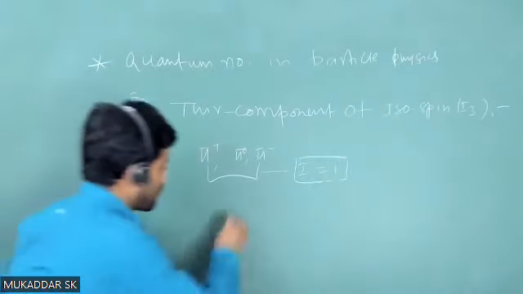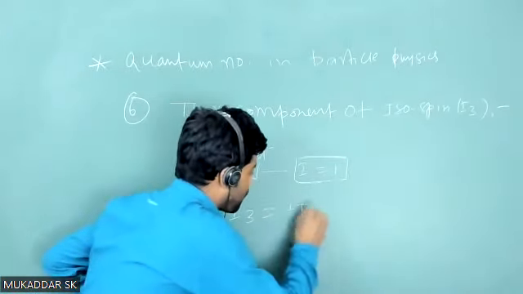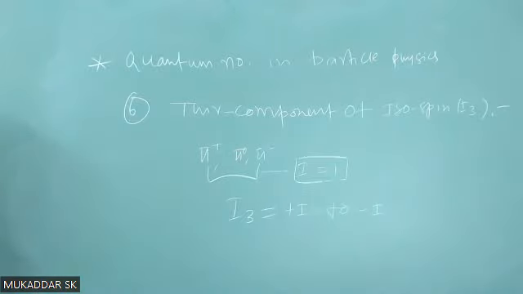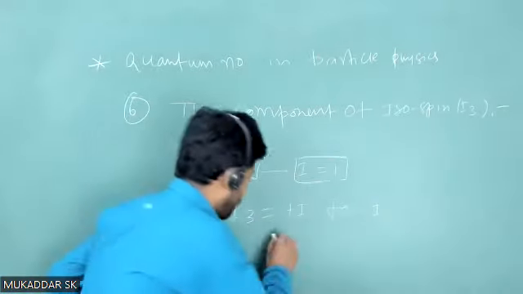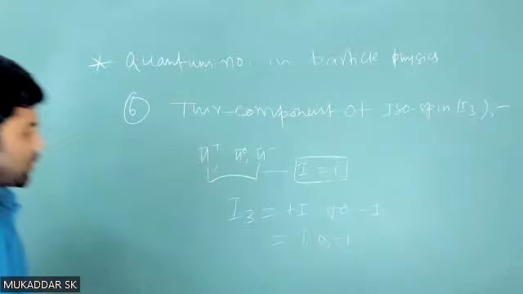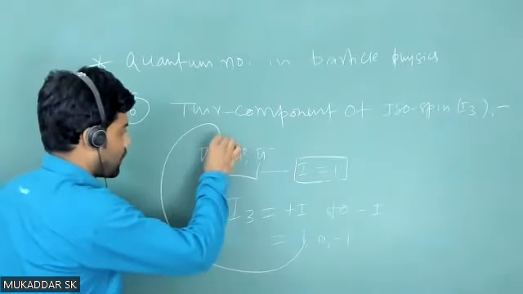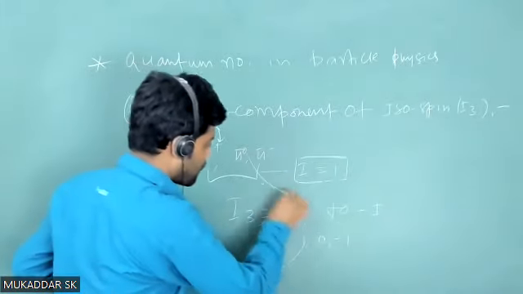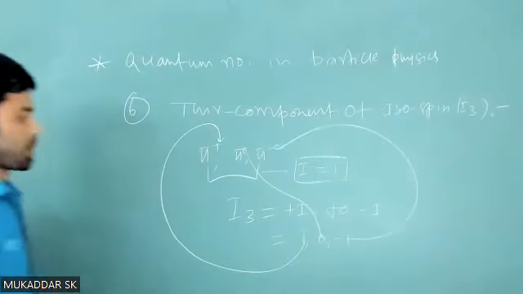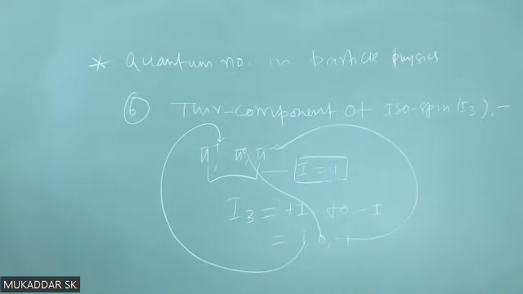Now what is the range of isospin? It can go from plus I to minus I. For example, when I is 1, I3 can be plus 1, 0 or minus 1. Plus 1 is assigned for the highest charge, 0 is assigned for pi 0 and minus 1 is assigned for pi minus.